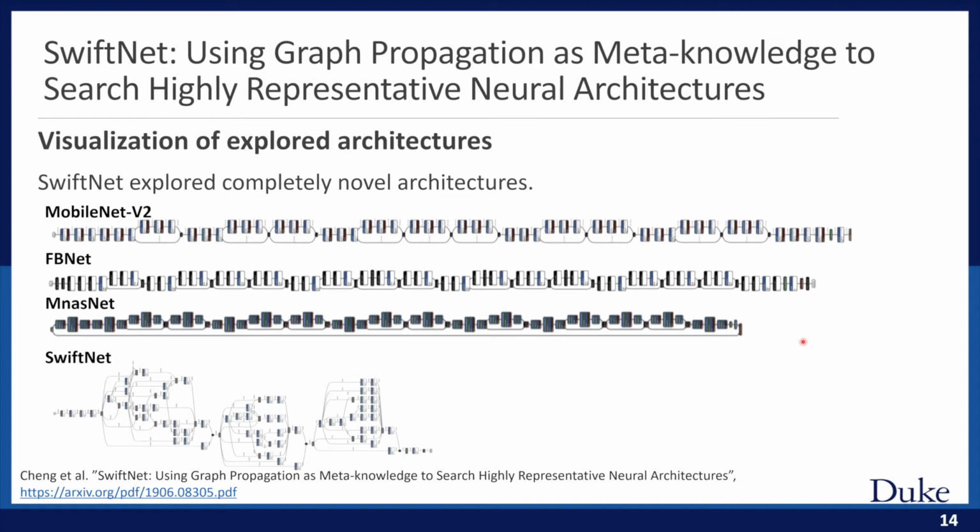SwiftNet architectures have more complicated interconnections, as you can see here, while others are mainly composed of repeated blocks. SwiftNet also presents a completely new design philosophy: it does not utilize any inverted bottleneck structure. In our design, we were joking that it is fatter, but shorter.